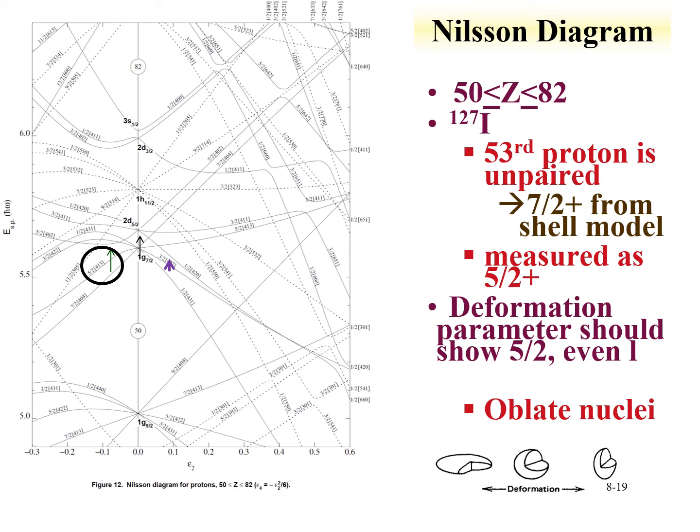Based upon this Nilsson diagram, we could say that the nuclear shape, if the spherical is here, oblate is negative deformation parameter, prolate is a positive deformation parameter. The spin of 5/2 for the 53rd proton indicates that this nucleus is deformed with an oblate shape.